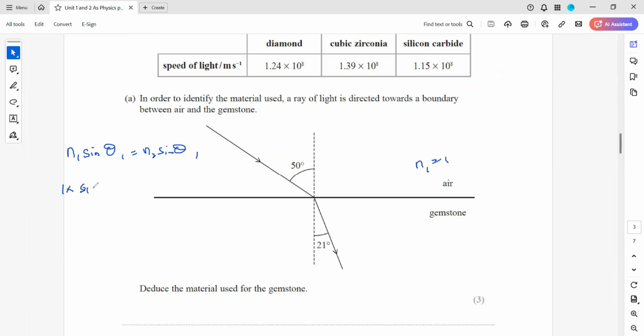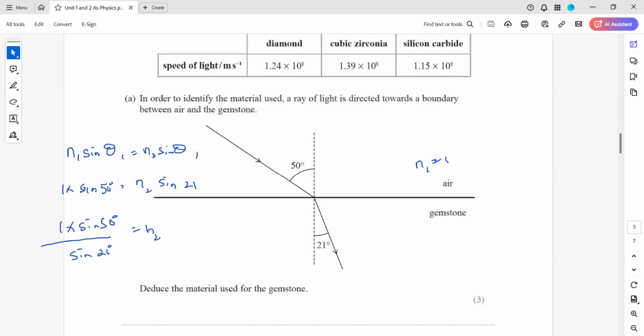The angle of incidence is always taken from the normal. So this is 50. n2 is the refractive index of that gemstone, and theta 2 is 21. So this will be 1 into sine 50 divided by sine 21. This will give us the refractive index of this medium.